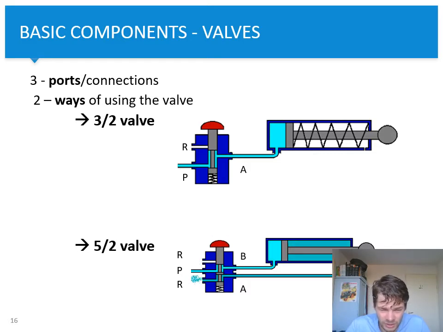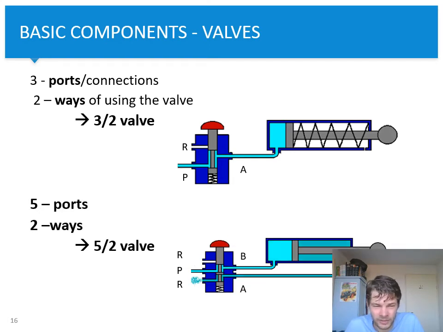It doesn't need to go back to any reservoir or something like that. Now we have 2 outgoing hoses, A and B. And like you can see, we have 5 connections now, and again 2 ways of operating this valve. So we have a 5-2 valve.